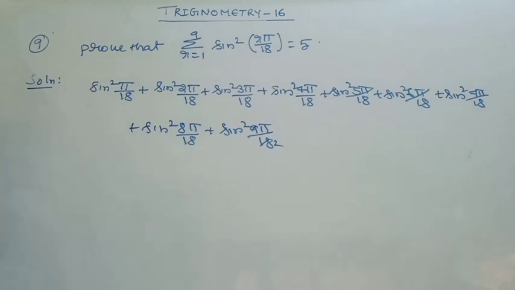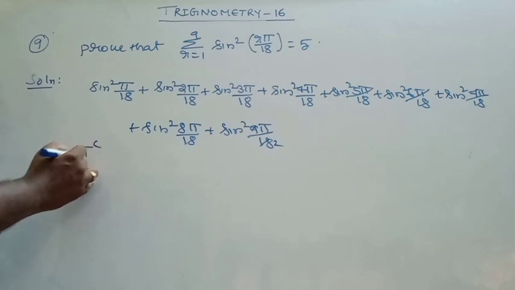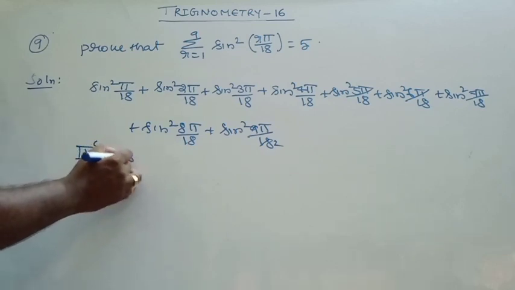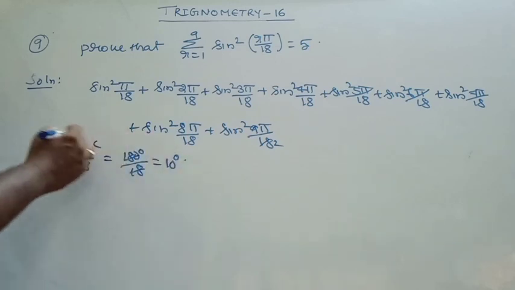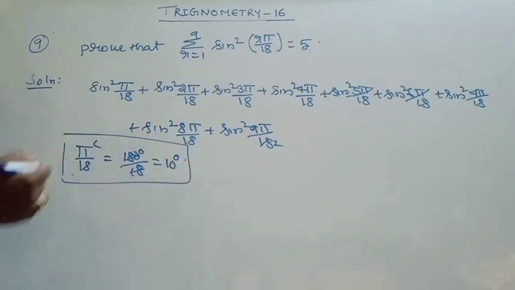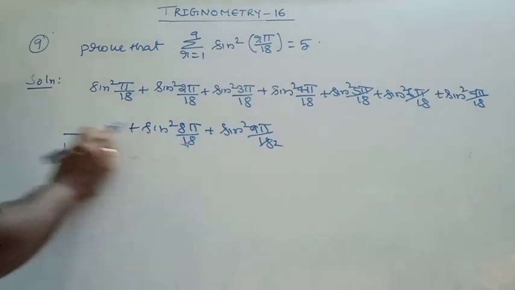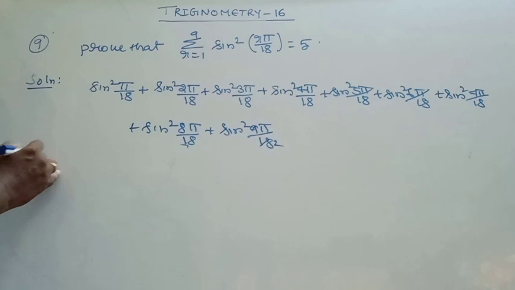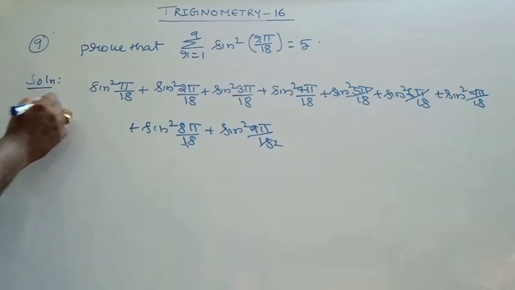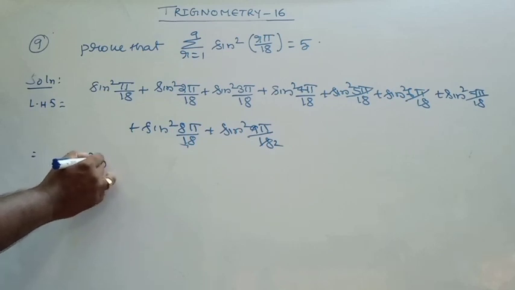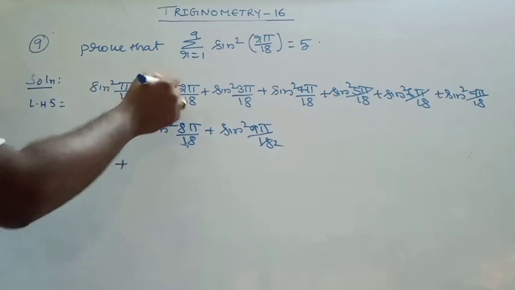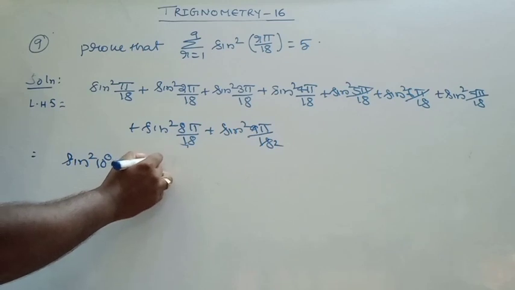Pi by 18 means, see here, you know that pi by 18 is nothing but 180 degrees by 18, and this is 10 degrees, right? Pi by 18 is nothing but 10 degrees. Keep in mind, this is 10 degrees. Now the left hand side part: sine square pi by 18 means sine square 10 degrees, plus 2 into pi by 18, that is sine square 20 degrees.